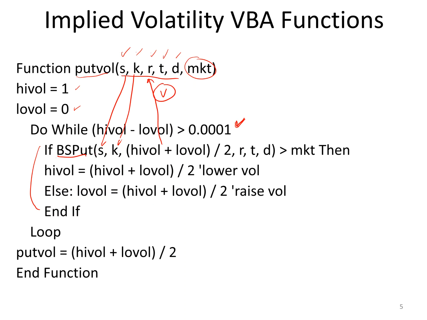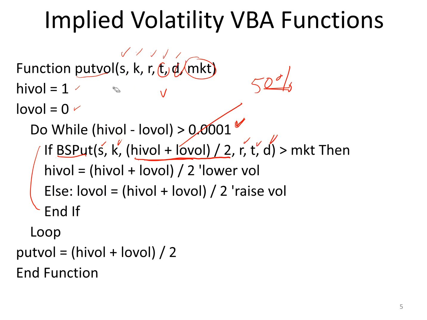So if BS put using that spot, that strike, and the average of high vol and low vol, which currently is the average of 0 and 1, is 50%. So what it's going to do, it's going to value this put using a vol of 50%, and then it gets the R, T, and D from R, T, and D.